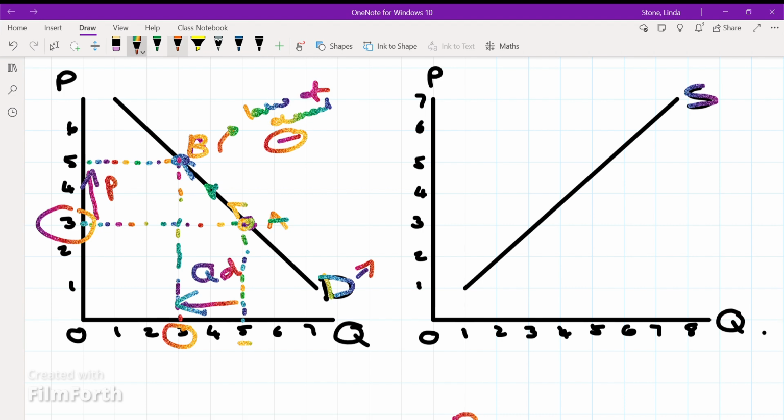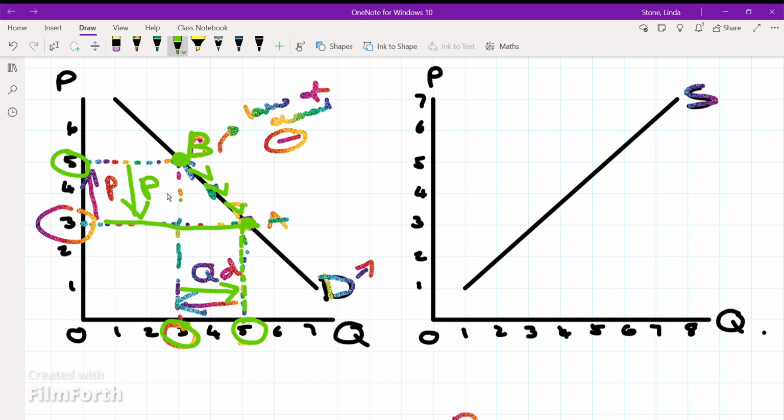But remember that the opposite is also true. So if the price was initially 5 Rand or even 6 Rand, then it falls, so the price falls, causing us to move from this point B. We move along the curve, and we move from this initial 3 chickens, and our consumer is now willing and able to buy 5 chickens at a price of 3 Rand.